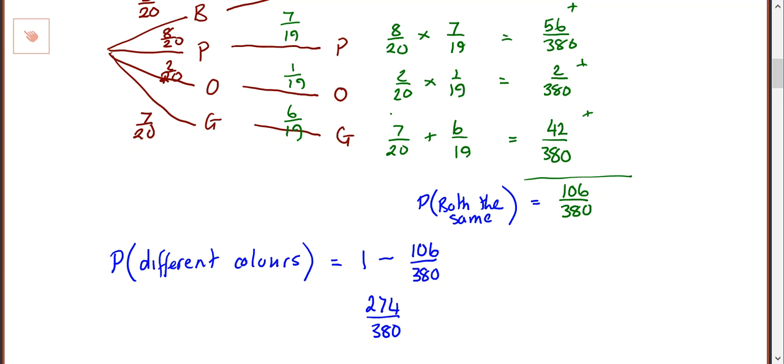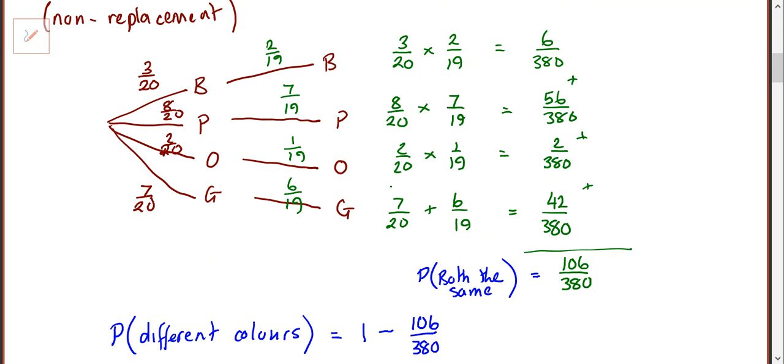So how would that change this problem if I did put it back in? Exactly. This would still be 3/20ths, this would still be 8/20ths, and so on. Right? Everything else would be the same, yeah? Question though, would it be more or less likely to get 2 the same colour if I did put them back in? Sure?